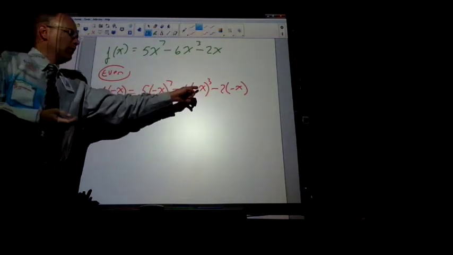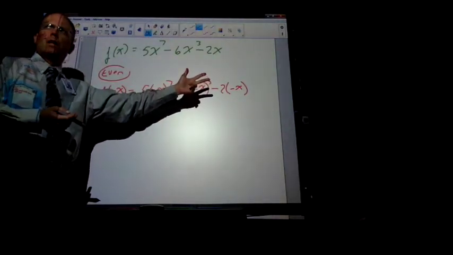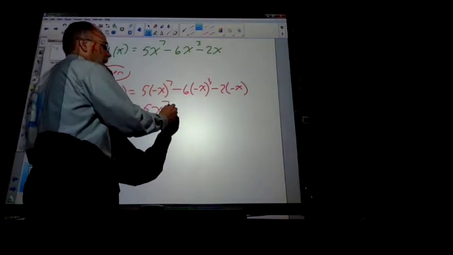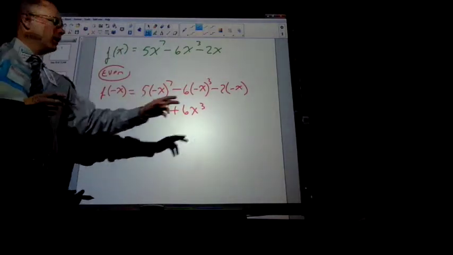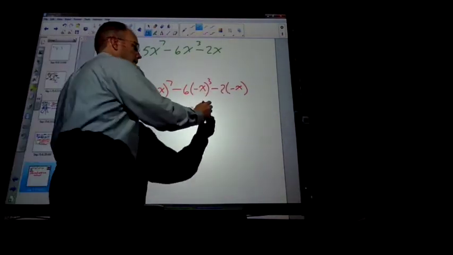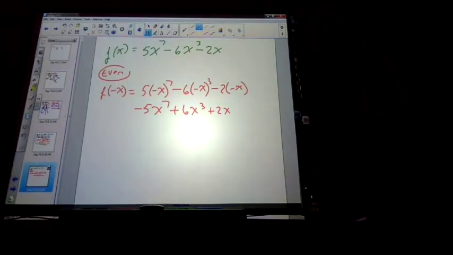Let's do this next one. So I have negative x, negative x, negative x, which is going to be negative x to the third. So negative x to the third times negative 6 is going to be positive 6x to the third. And then I have, what's going to happen here? Plus 2x. Good. Okay?